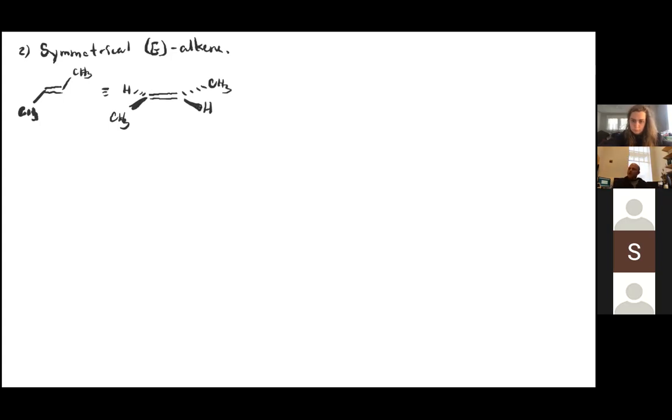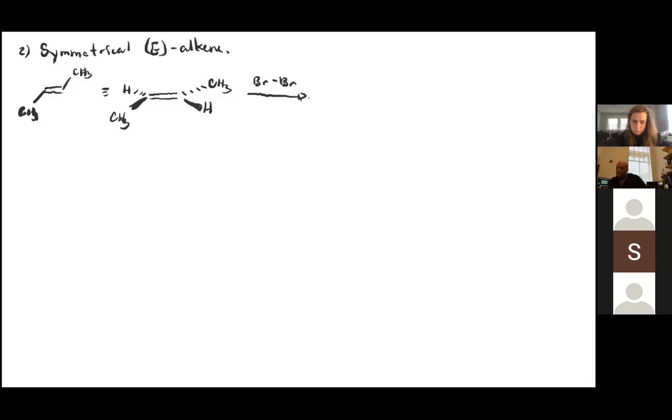Okay. And we're going to do the same reaction. So addition of Br2 to this alkene. And the first step will be the formation of the bromonium ions. Okay.